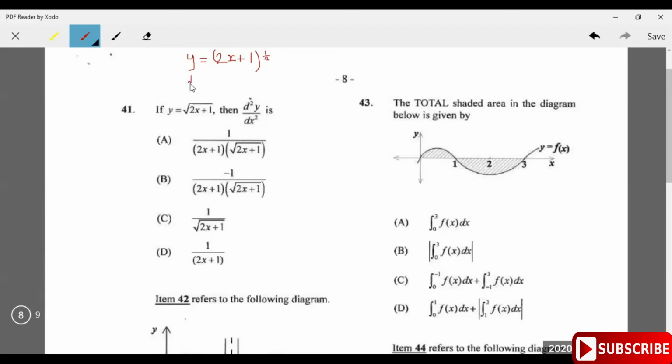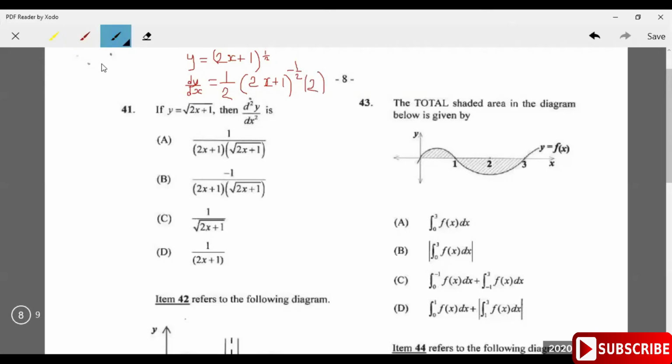And so dy dx is equal to carry down the power, subtract 1 from the power to get minus half, times the differential inside the bracket, which is 2.